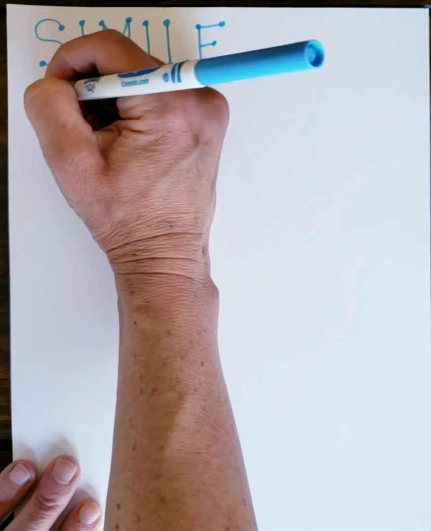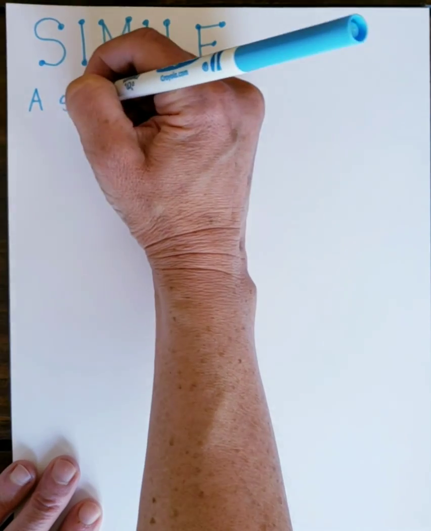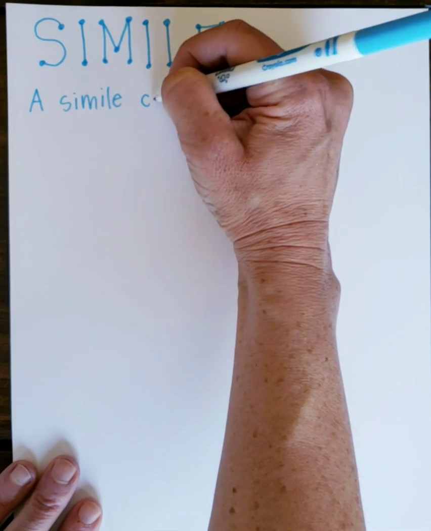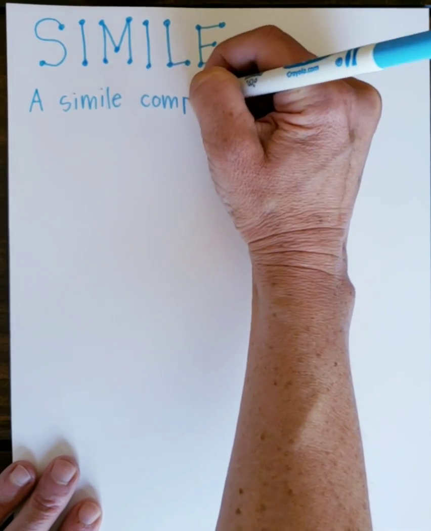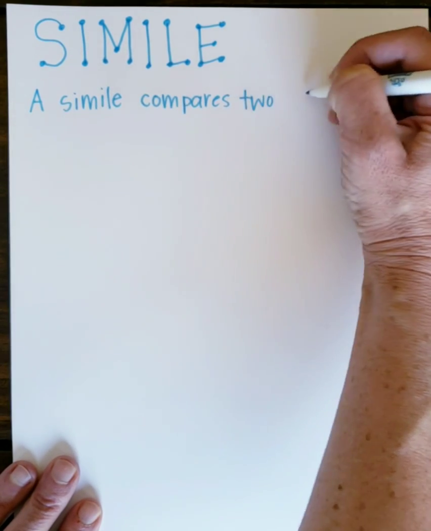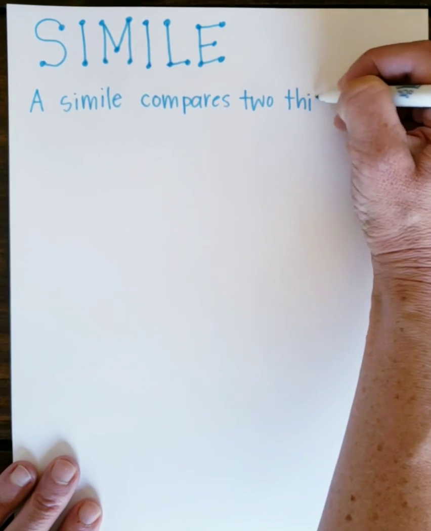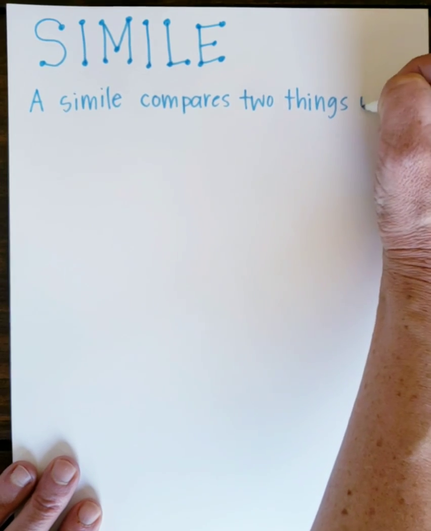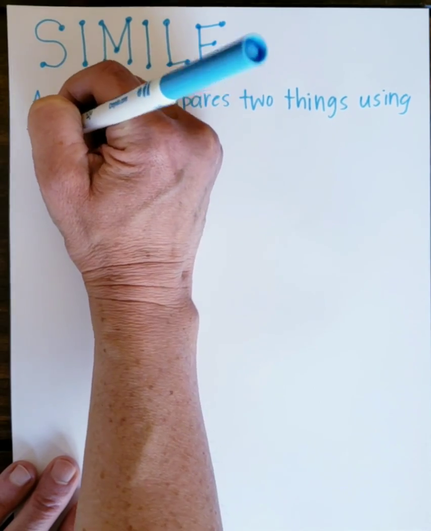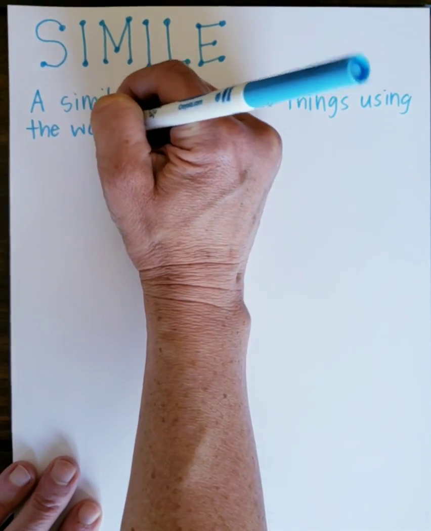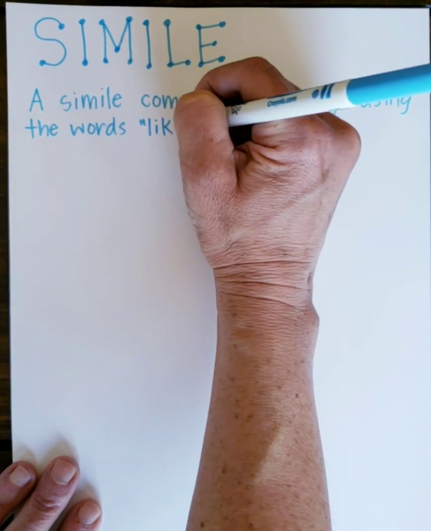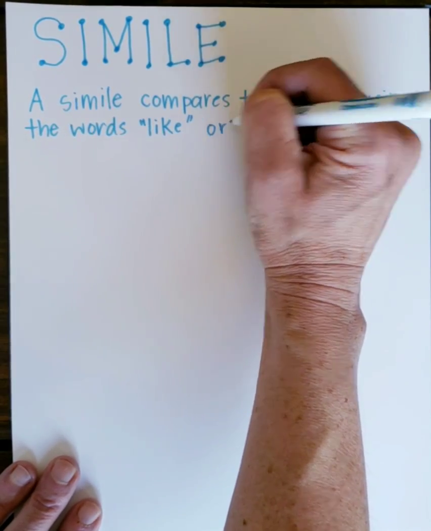A simile compares two things using the words "like," I'm going to put quotation marks around them, "like," or "as."